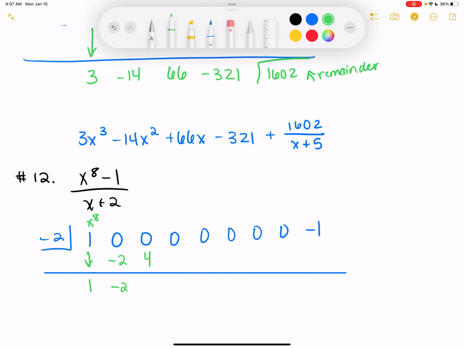That's obnoxiously long. I'm not gonna finish the problem, it's a bunch of zeros. If you want to finish it and write it out, then you can, but I don't really see a point in finishing this one when it's just the process. So that's the end of those notes.